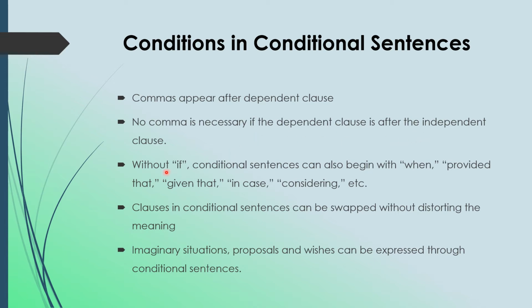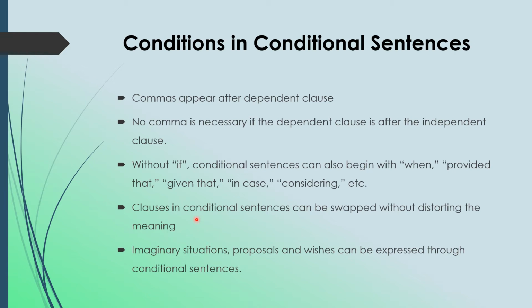You can see there is no comma in here. So if the dependent clause is after the independent clause, that's it. And then without if, we know that most of the sentences we can try to use through if, but without if we have when, we have provided that, we have given that, we can use in case, considering, and lots of other conjunctions and phrases to replace if. Clauses in conditional sentences can be swapped without distorting the meaning.